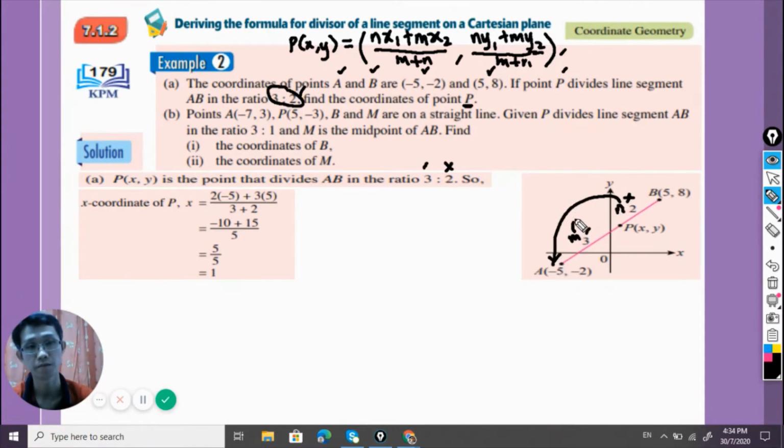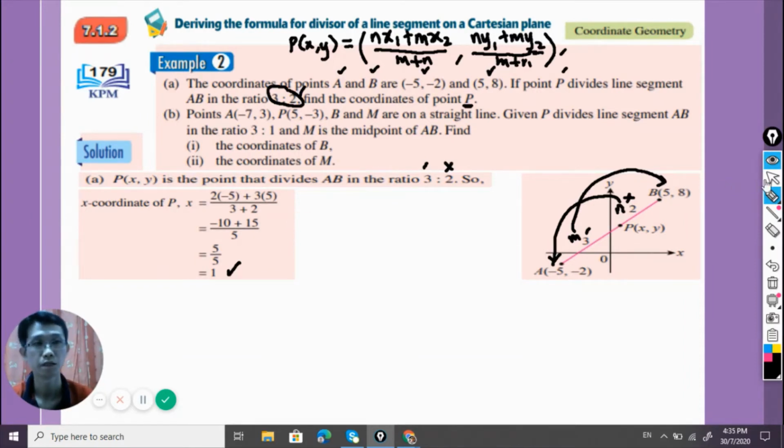Then plus m, which is 3, multiplied with x2, which is 5, over the total of the two ratio values, 3 plus 2. Just simplify, then you should get the coordinate x of the point P.